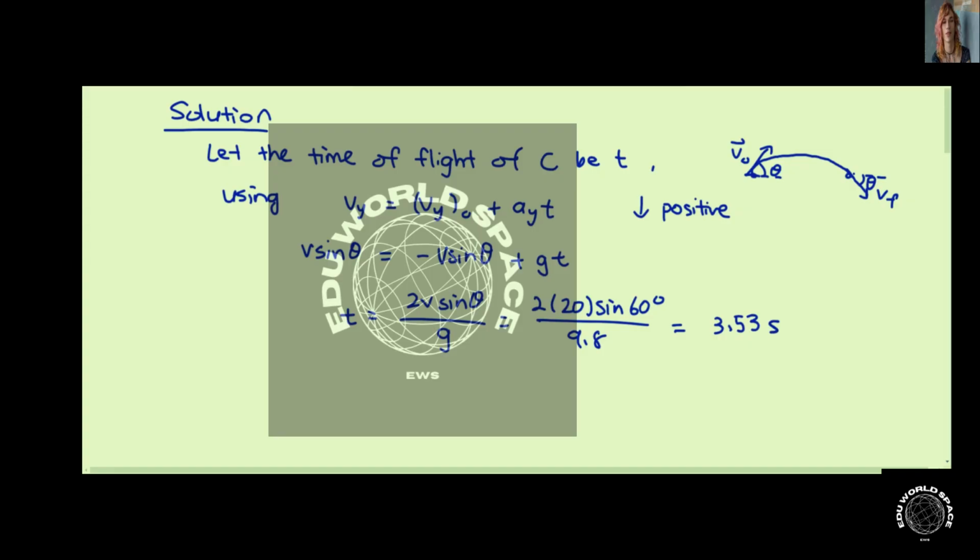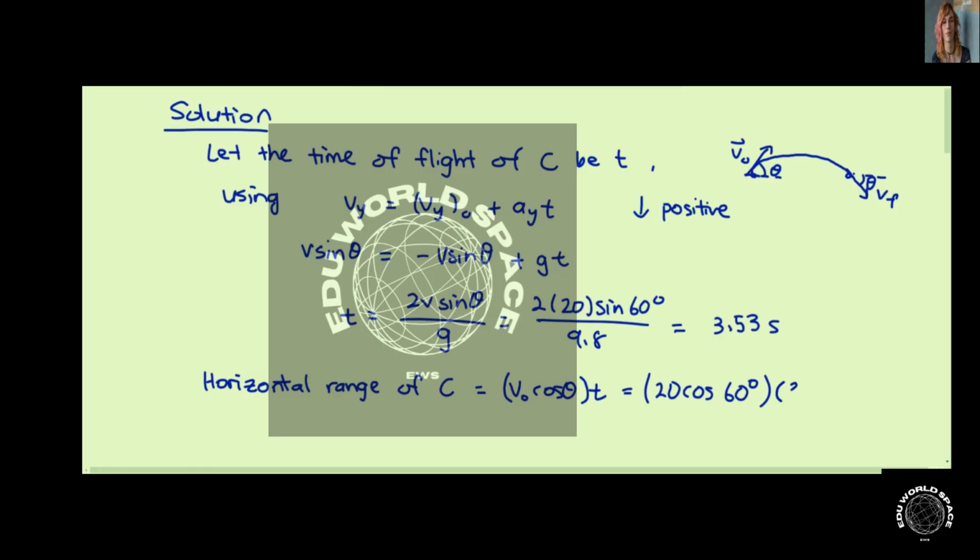Okay, and then the horizontal distance, the range of C will be V naught cosine theta times t. So putting in the numbers, 20 cosine 60 degrees times 3.53 seconds.